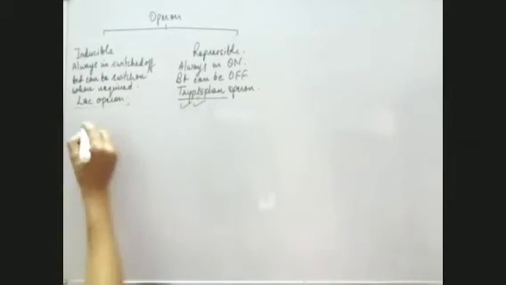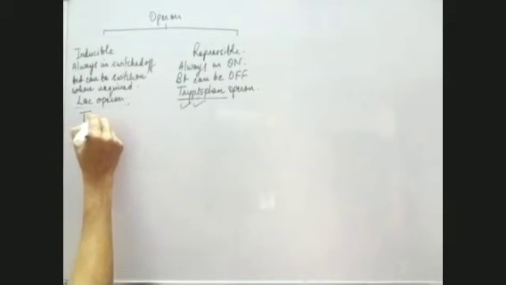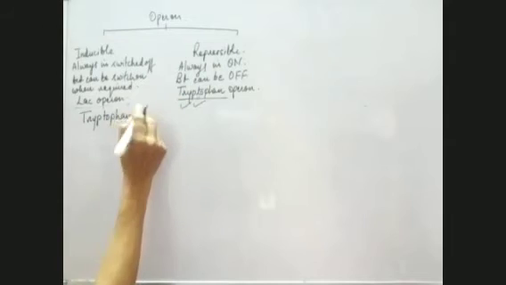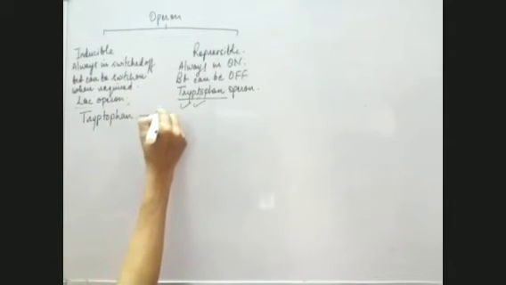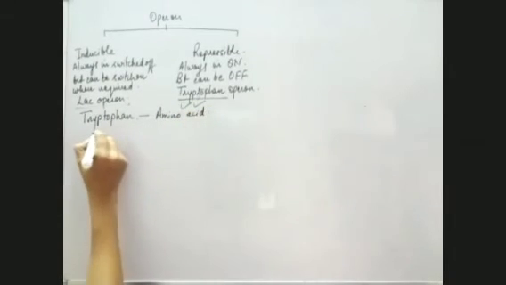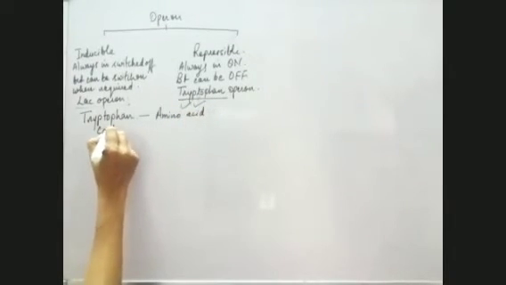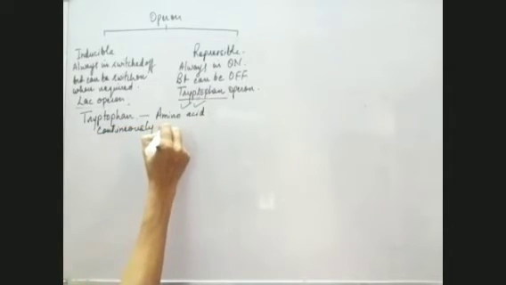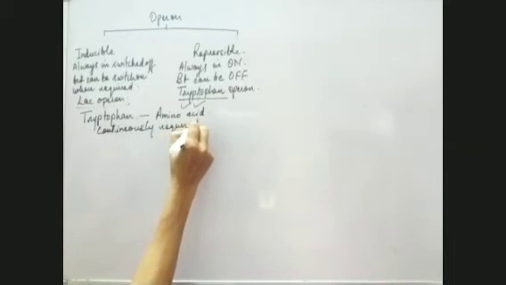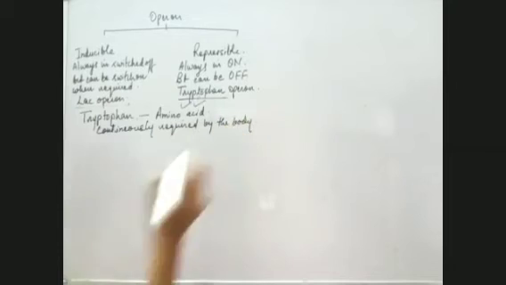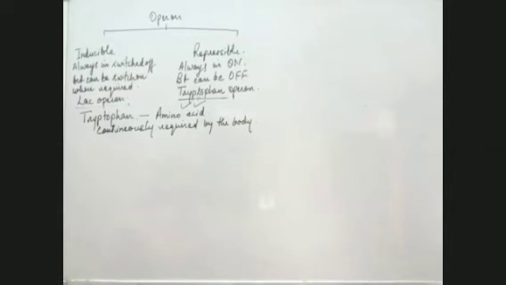Now we are onto the tryptophan operon. Basically, tryptophan is an amino acid, and this amino acid is continuously required by the body. That means continuous synthesis of tryptophan is required. This is a very essential amino acid.